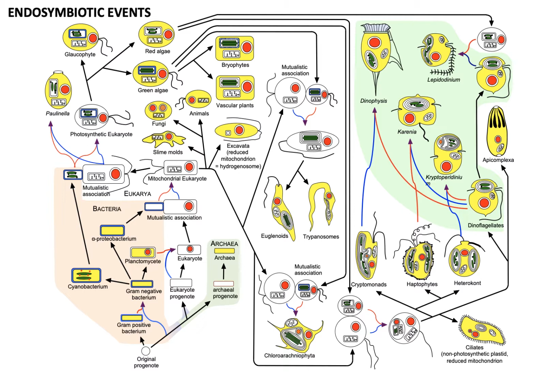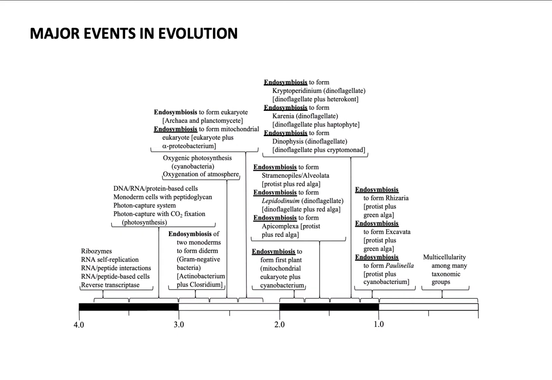This graph summarizes some of the major events in evolution, and you can see many of them are endosymbiotic events. But starting on the left-hand side, first you have development of RNAs and then eventually DNAs, so that occurred very early on, as well as photon capture with CO2 fixation, photosynthesis.